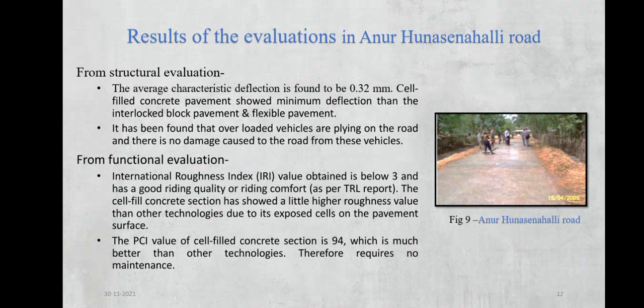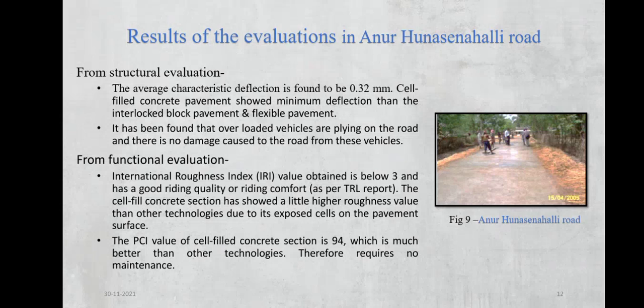We can see the average characteristic deflection found is 0.32 mm, which is very negligible, and which is good for a flexible pavement. And overloaded vehicles also ply on this road, which do not get damaged from these vehicles.